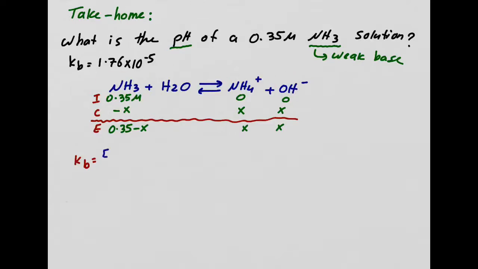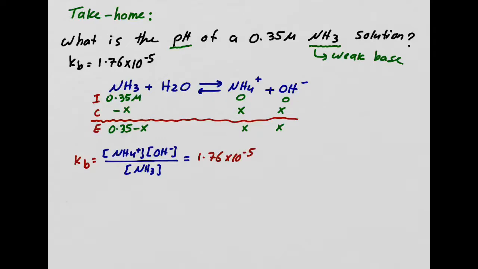So it would be the concentration of ammonium times the concentration of hydroxide over the concentration of ammonia. Now, how come I didn't include water? Because we do not include liquids or solids in the equilibrium expression. You guys knew that from the previous chapter. This is going to equal Kb, and my Kb is 1.76 times 10 to the minus 5.